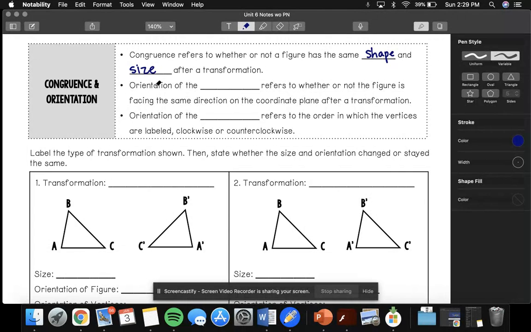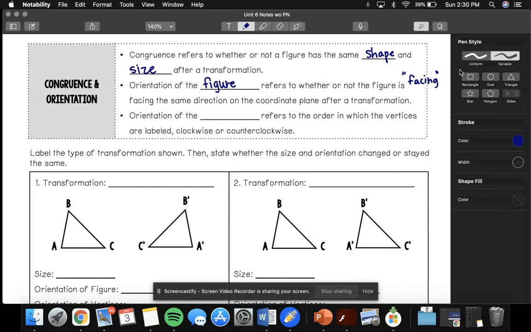We can have orientation of the figure, and that refers to whether or not the figure is facing the same direction on the coordinate plane after a transformation. So orientation of the figure, I like to think of it, is it facing the same way? Okay.